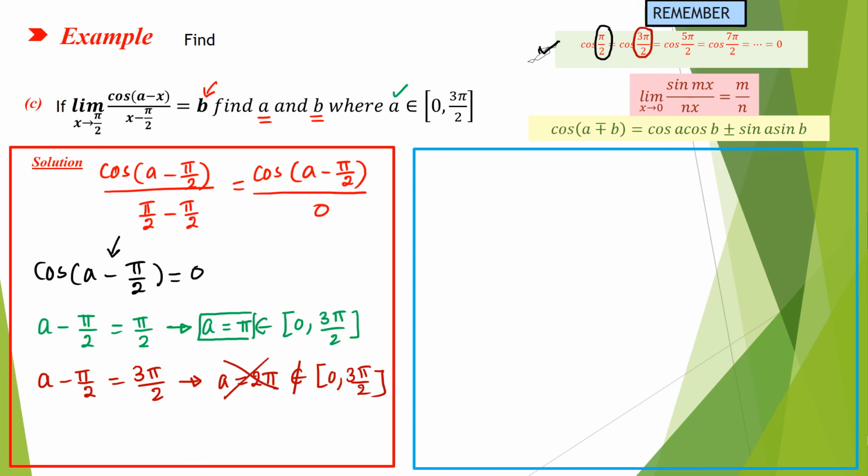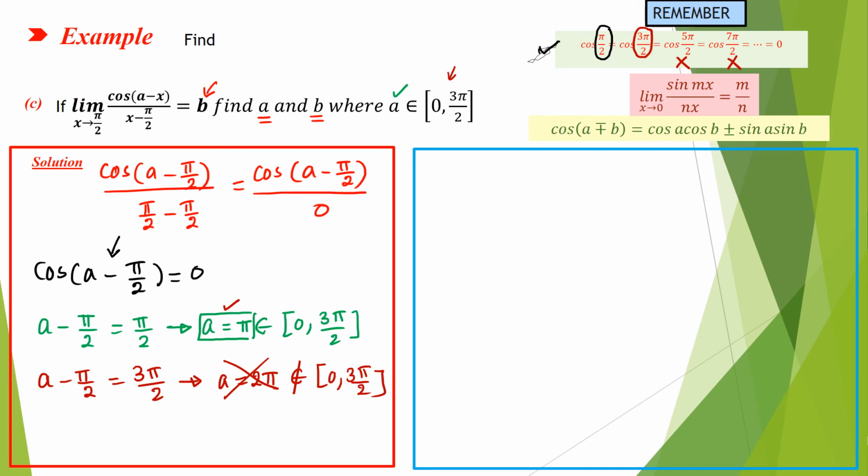So this is rejected, and all the angles after it will be rejected. So we have only a equals pi as the value of a in our interval from 0 to 3 pi over 2. So this is the value of a.